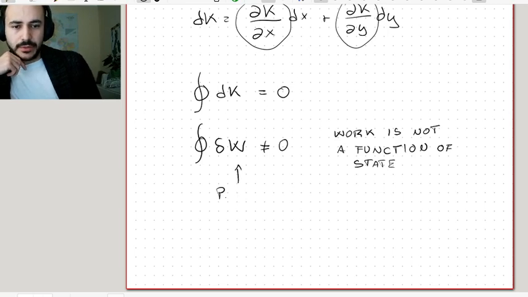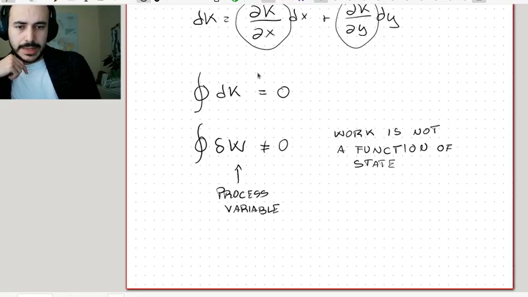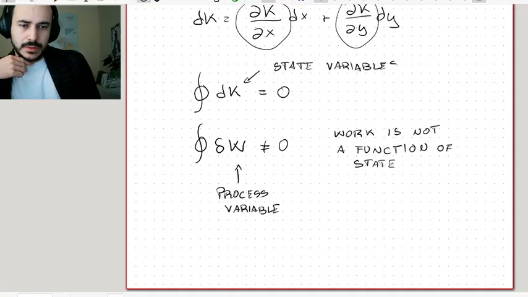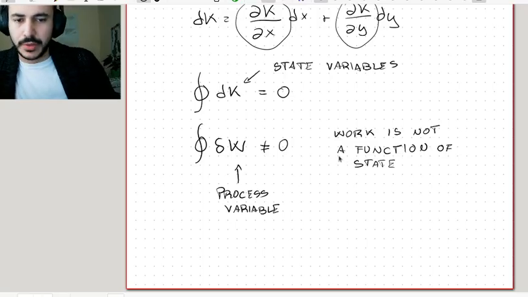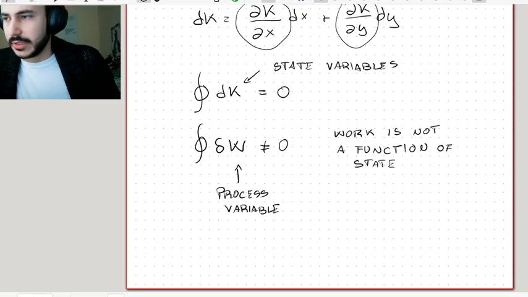Okay, so work is a process variable. And this is opposed to state variables. So always keep this in mind. We will see at least one other more process variable and a lot more state variables in this course, in what is left.